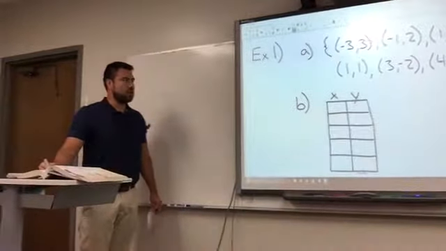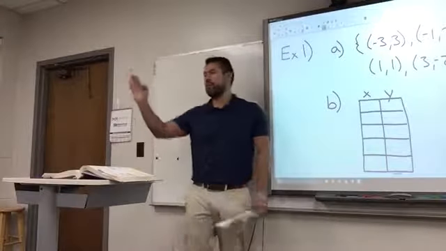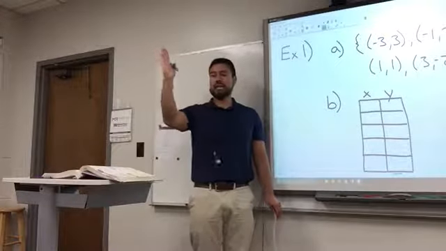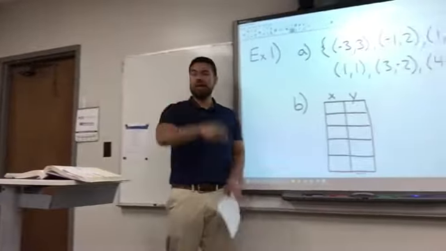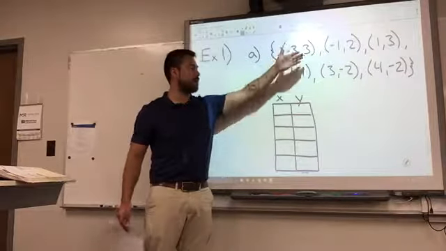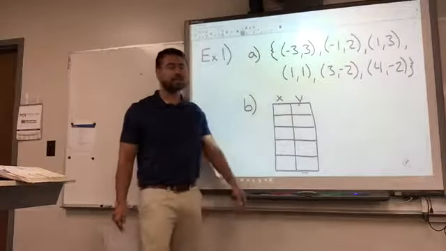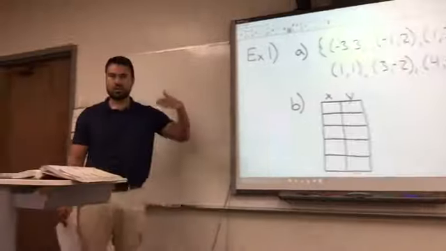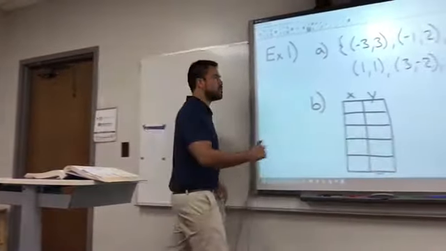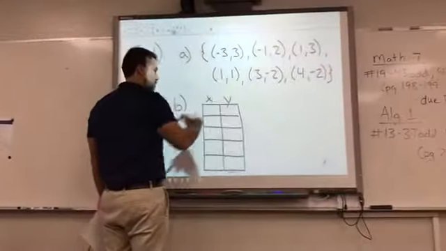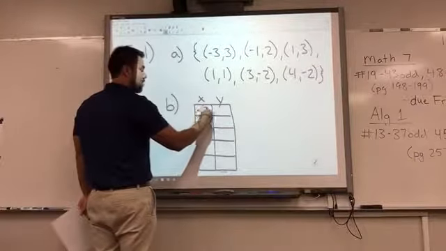All right. So the reason I went from left to right when naming the set of ordered pairs is because that's going to make it easier to write this in order. I'm not requiring it in order for the set of ordered pairs or the table, but it is nice to do it in order because it's just going in ascending order. So what would be the first x value according to this set of ordered pairs? -3.